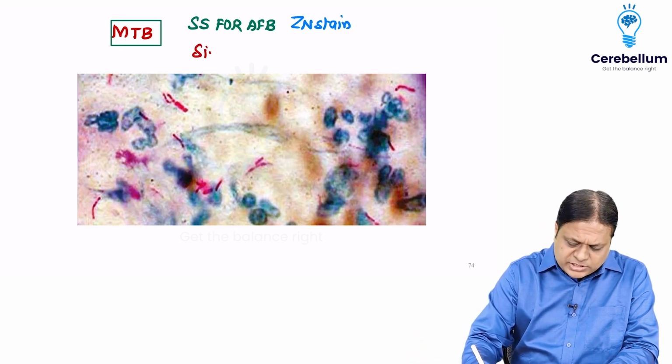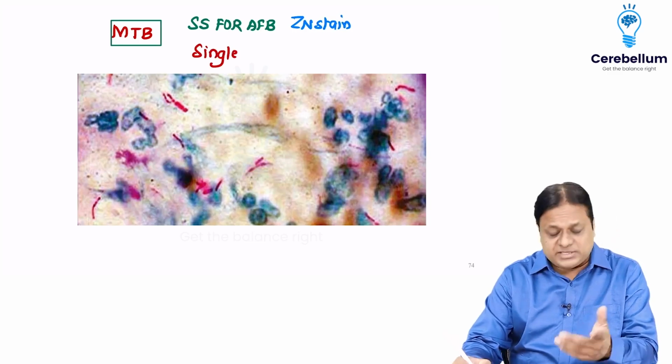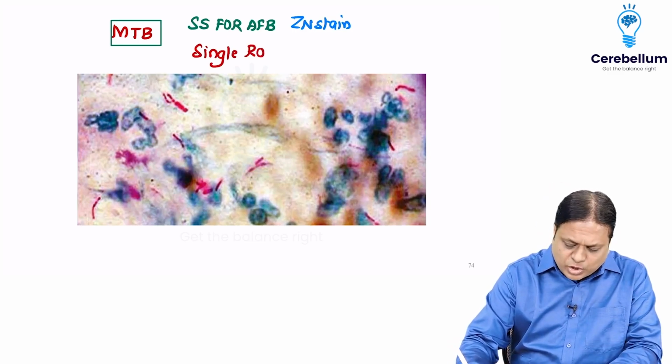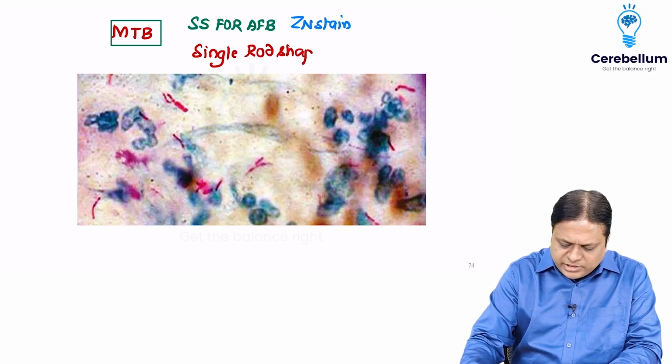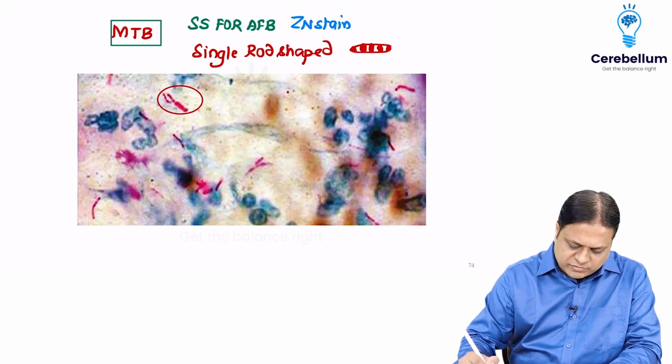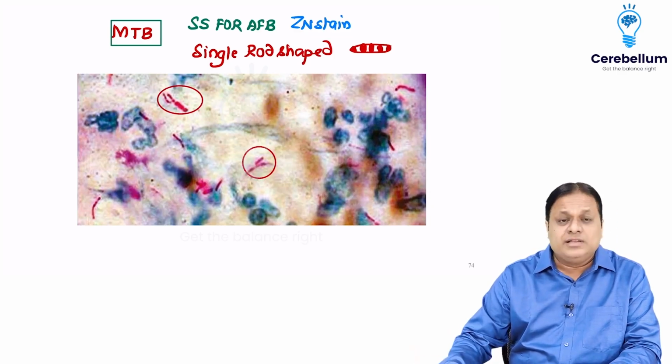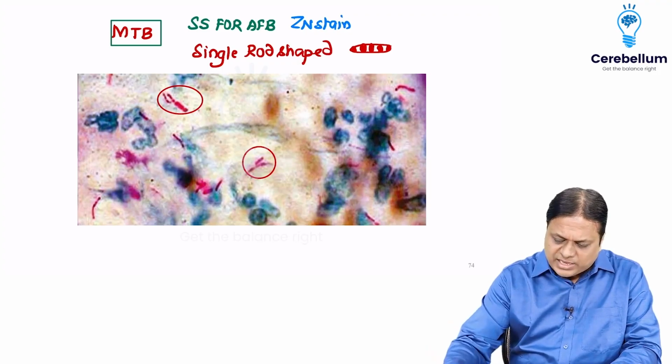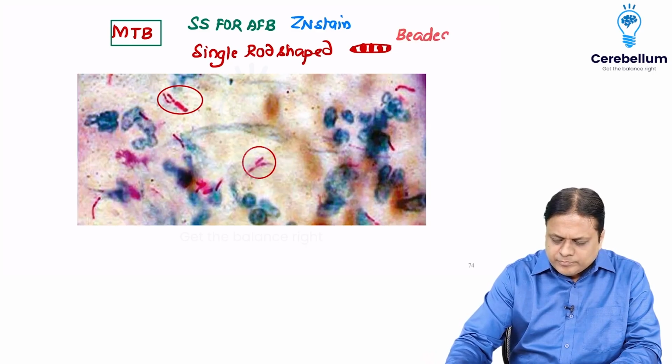They are mostly single, acid fast, red colored, rod shaped, as you can see in the image, having a typical appearance like this. You can see here, this one, this one. This is typically known as beaded appearance.